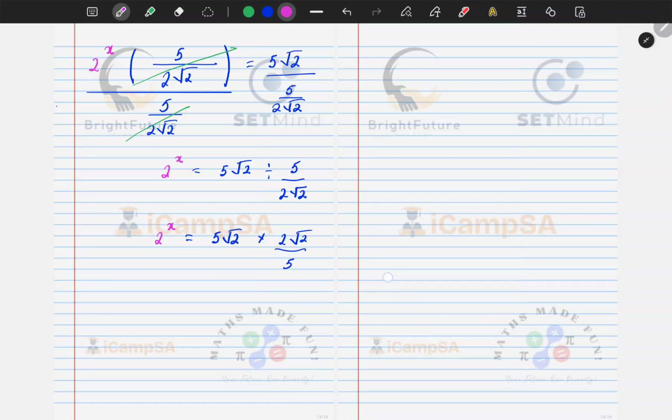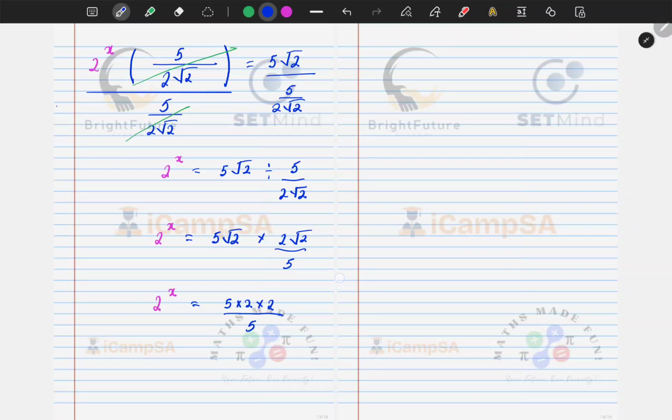And then on my left hand side I still have 2 to the power of x equals 5 times 2, and then root 2 times root 2 is going to be 2, all over 5.